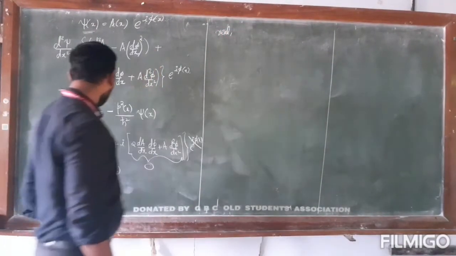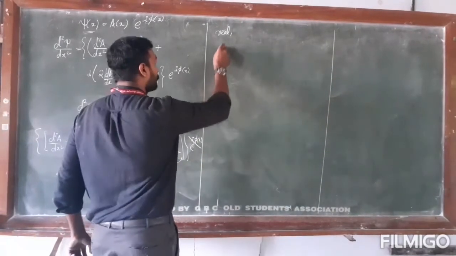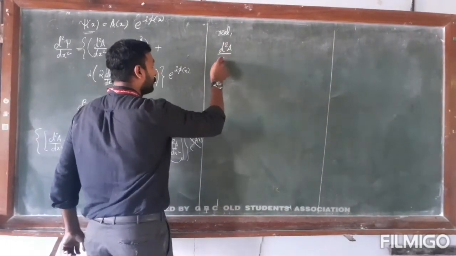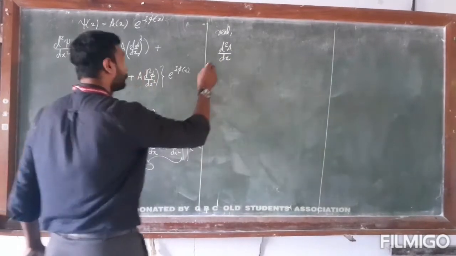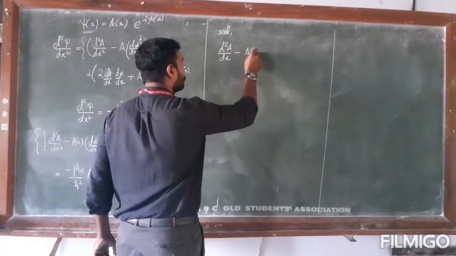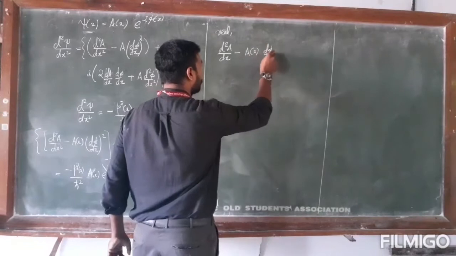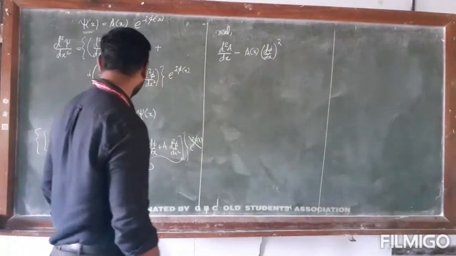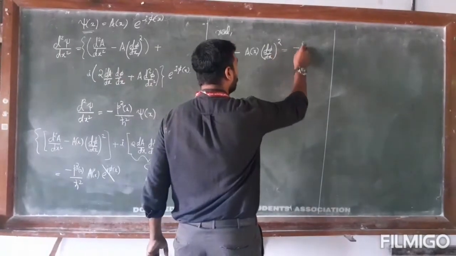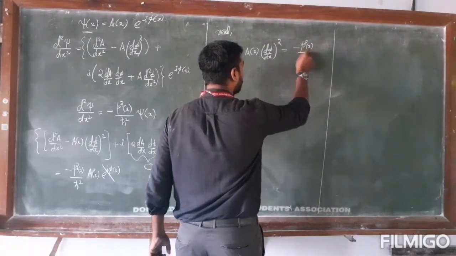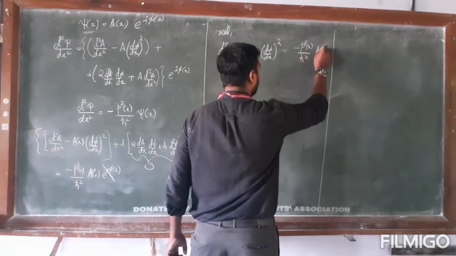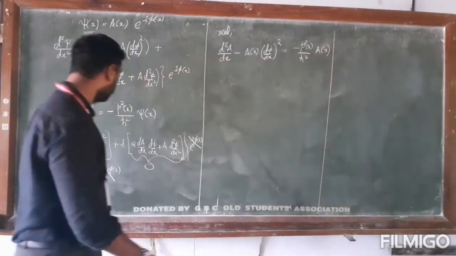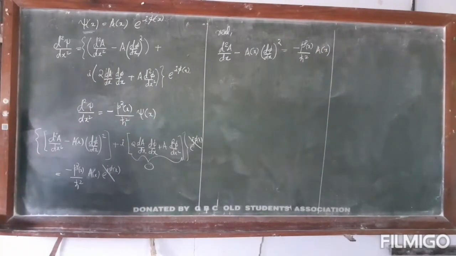So for the real part, d squared A by dx squared minus A of x (d phi by dx) squared equals minus p squared of x by h cross squared into A of x. So that is the real part of the problem.